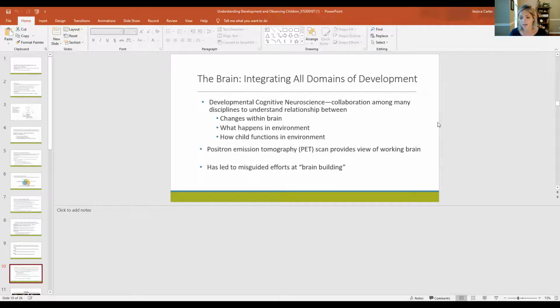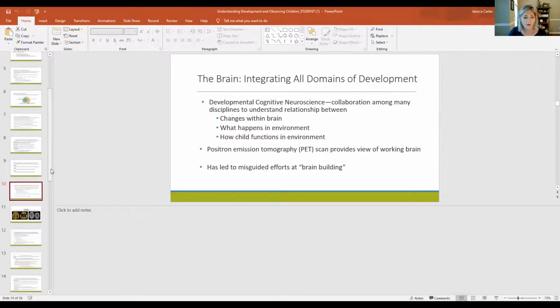This is all based on PET scans, images that were taken of children in Romanian orphanages, where some famous studies showed that you could actually see gaps in the brains of children who were experiencing severe neglect. This brought light to the importance of the early years and brain development.